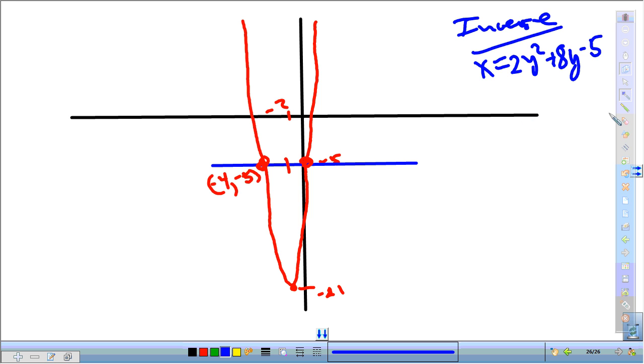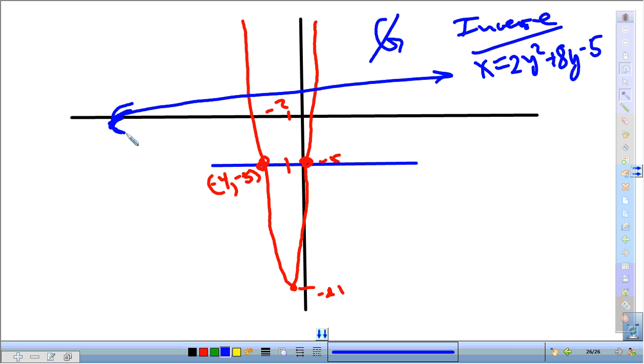So if I had that one picture, I could reflect through 45 degrees and draw the same picture of the inverse.